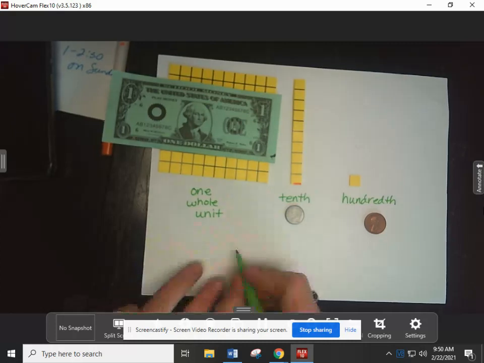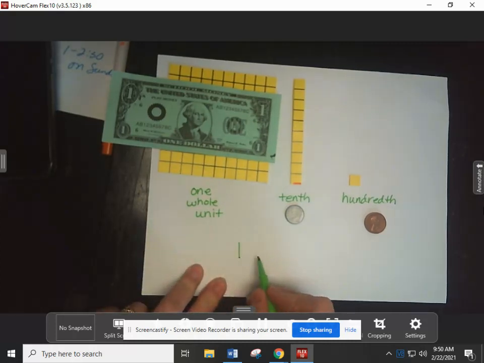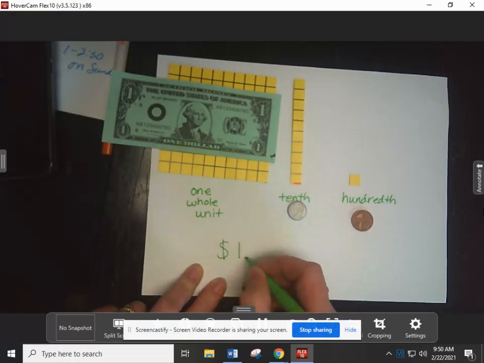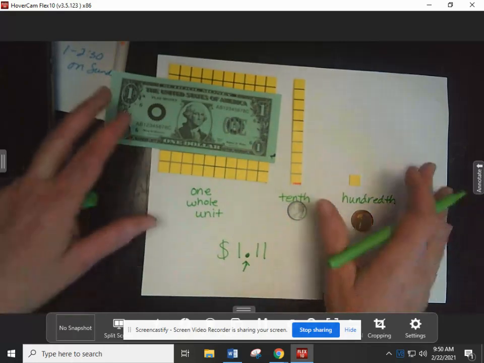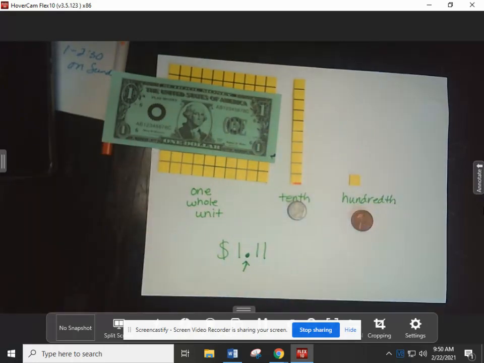Grace. $1. We got some more money here. $1 and I'll make that big decimal, 11 cents. That decimal is pronounced and. Okay, so we understand that because we understand money.